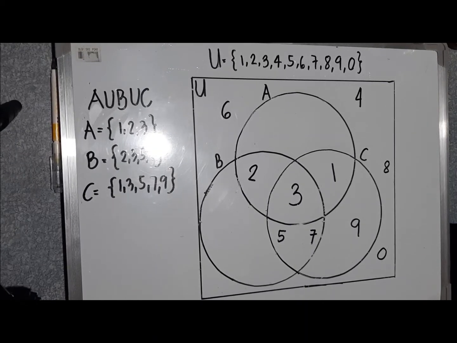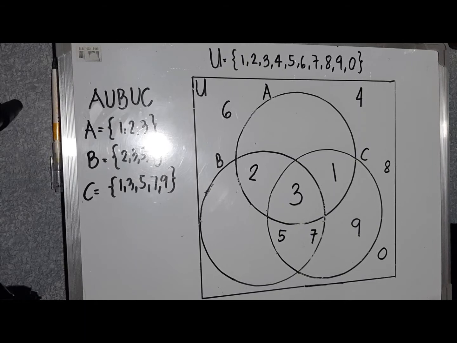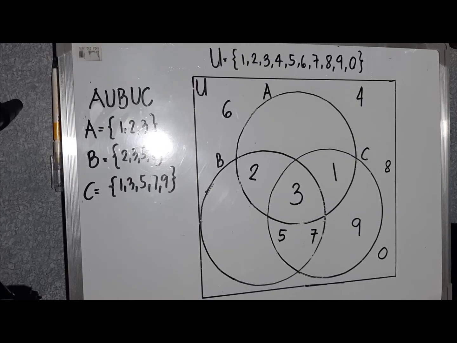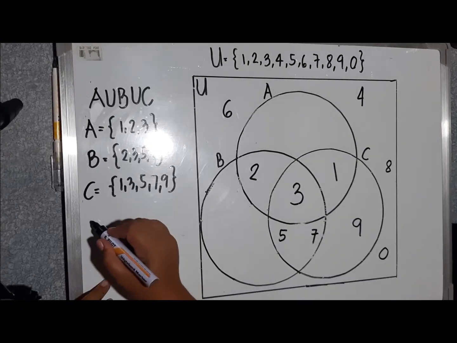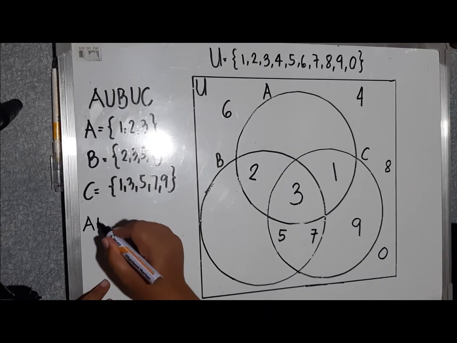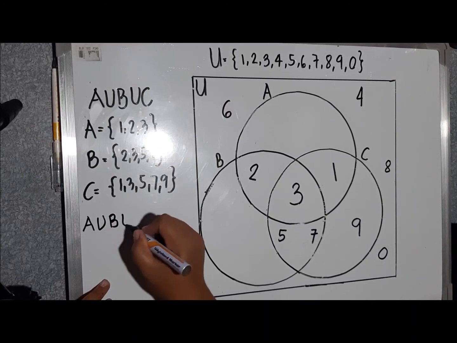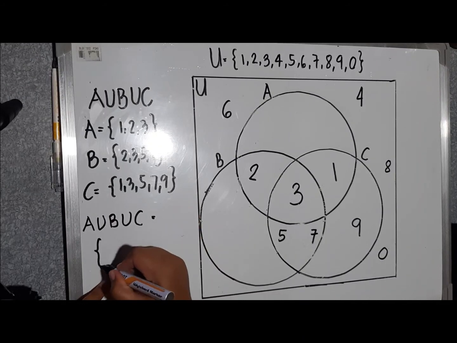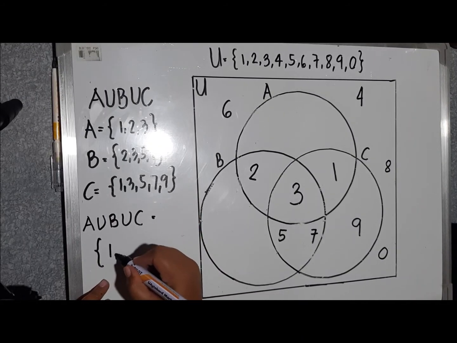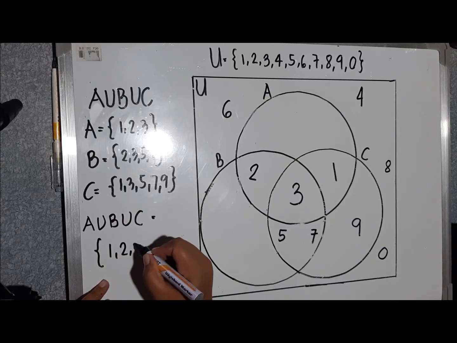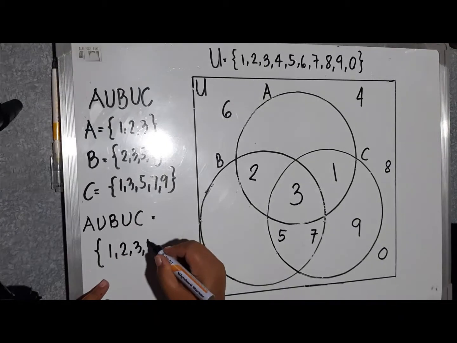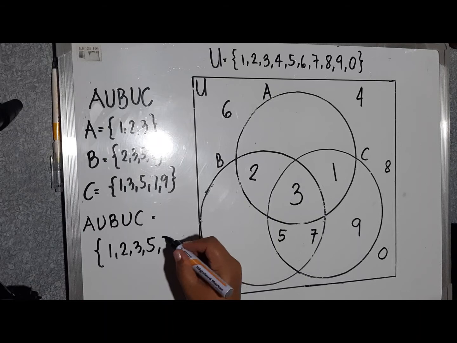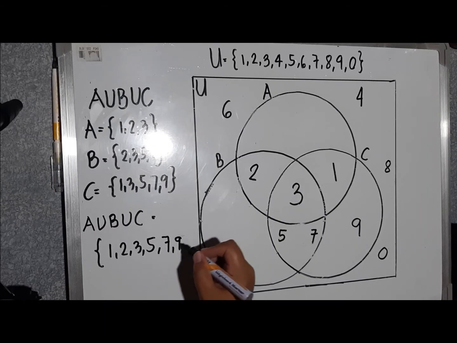So what we are going to do is shade the final answer. Our final answer, A union B union C, equals what? We have 1, 2, 3, 5, 7, and 9.